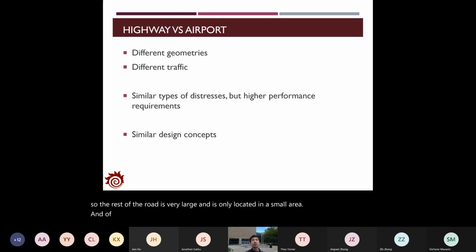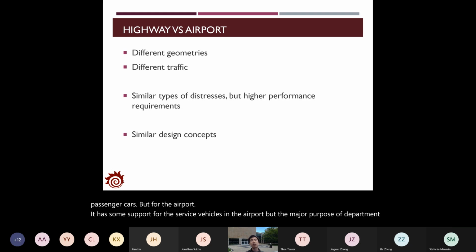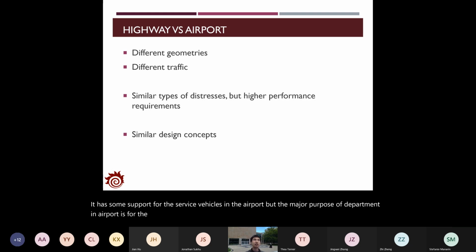Of course, highways are only used to support road traffic, the trucks and passenger cars. But airports also support the service vehicles in the airport. The major purpose of the pavement in an airport is for airplanes taking off and landing. So the pressure, the distress or the load on the pavement will be very different.